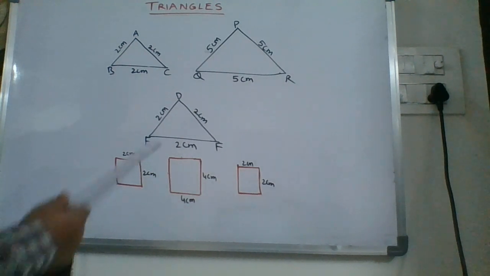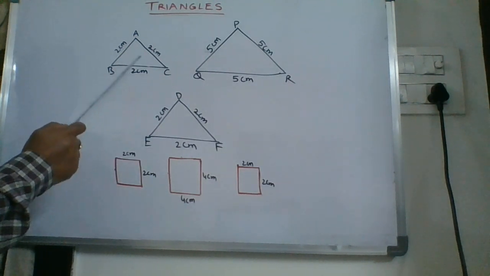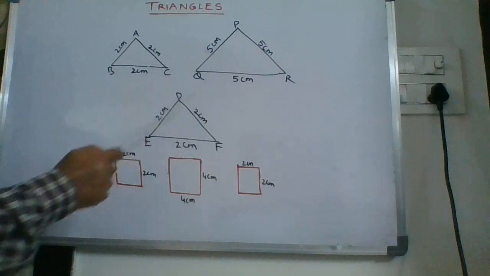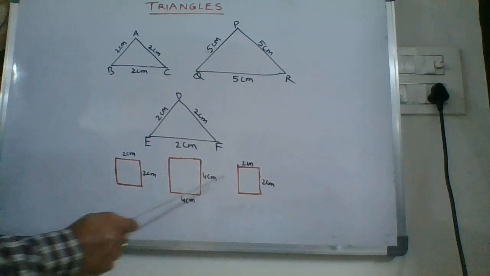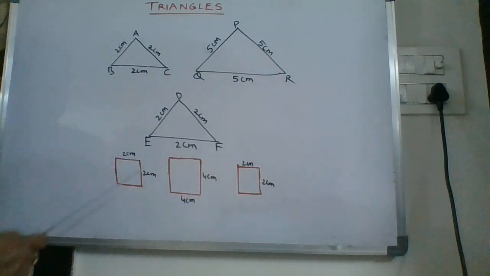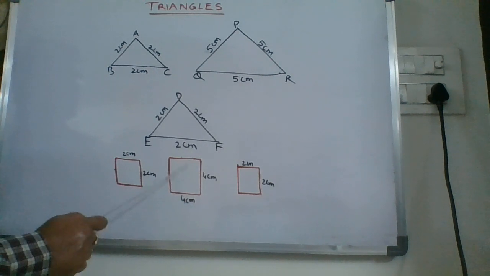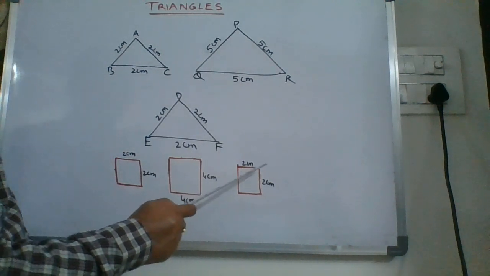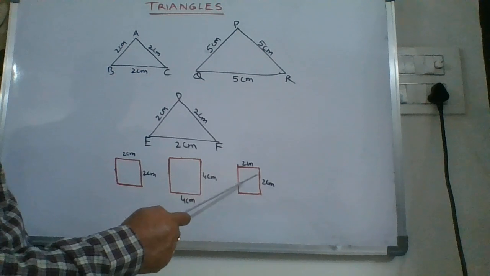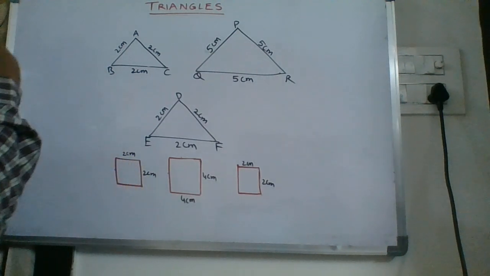Now observe these figures. These three are triangles and these three are squares. You can see these three are squares. Why? Because all sides are equal, of length 2 centimeters side, and this is a square of side 4 centimeters, and this is a square of side 2 centimeters, right?